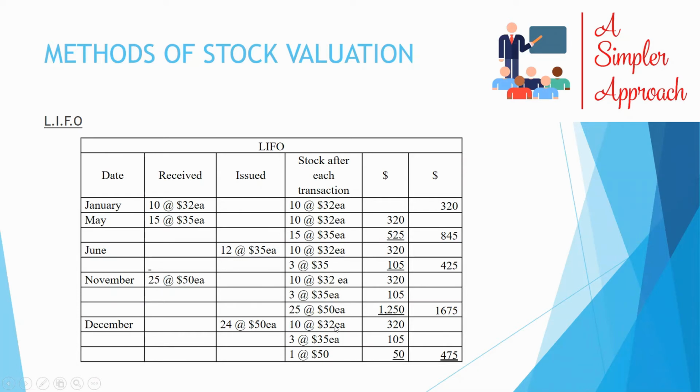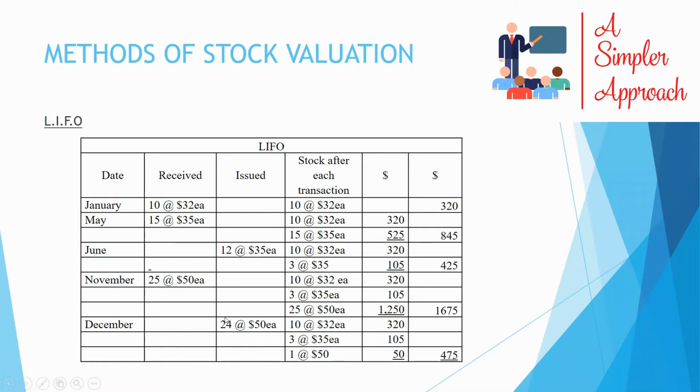We have the 10 at 32 still unsold from January. We have 3 at 35, which was left over from May as a result of selling in June. And we have 1 left from November. How do we get this one?